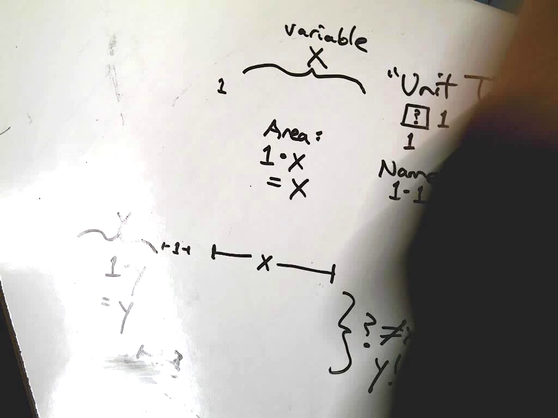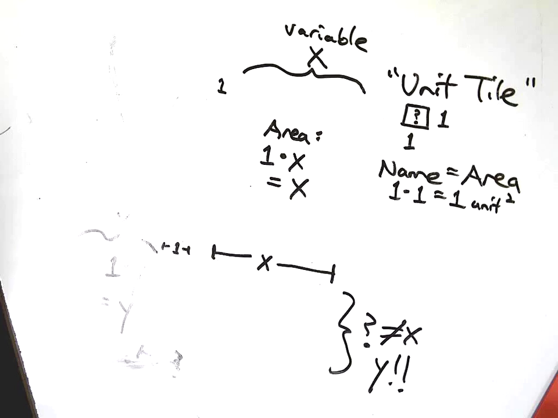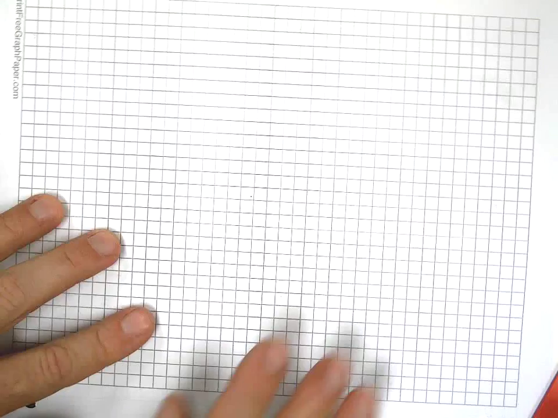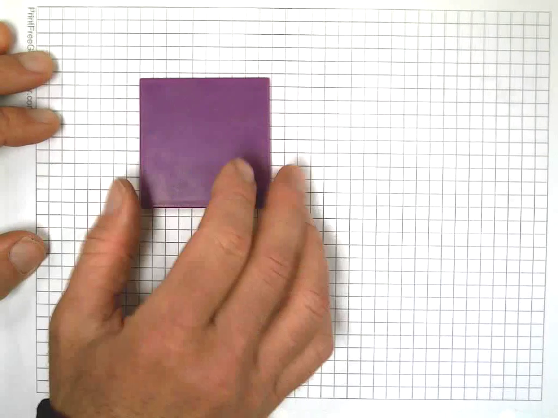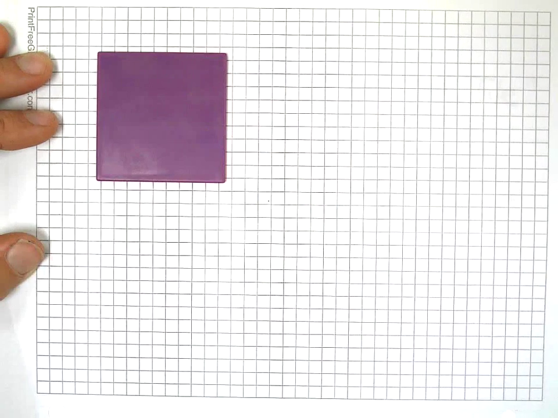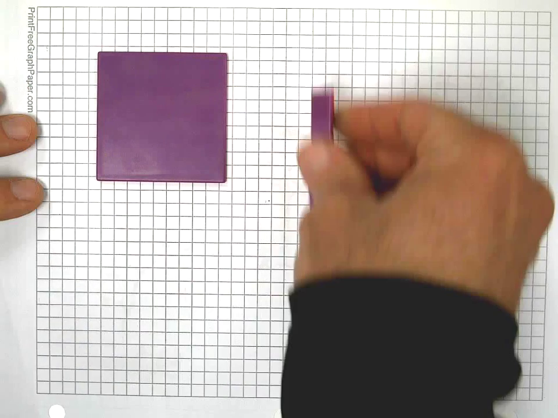And let's clean this thing up and give you a little quiz very quickly. Throw a piece of graph paper down to cover that up. Here we go. Here's your quiz. What is that? Name this piece.